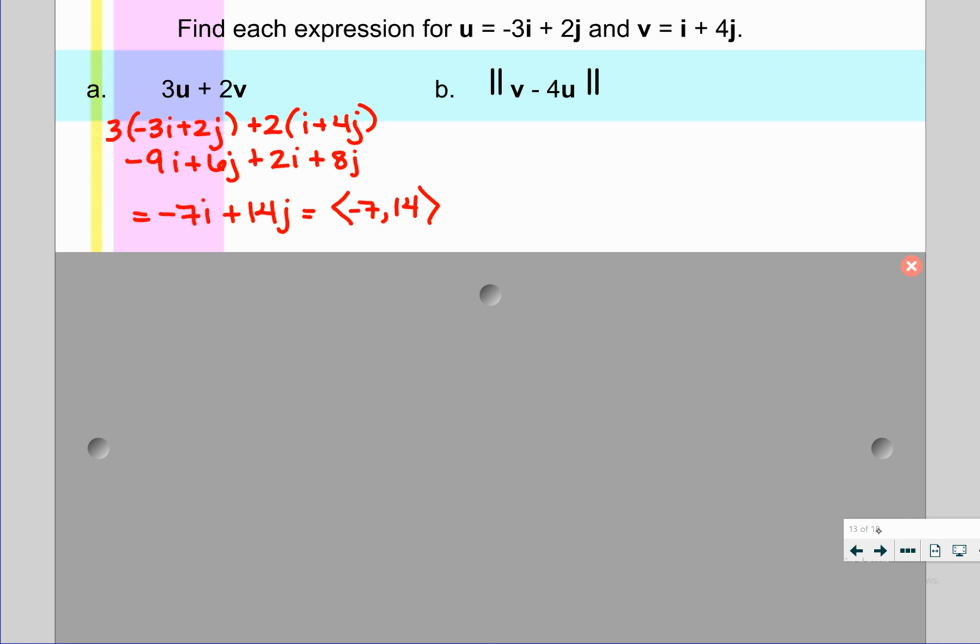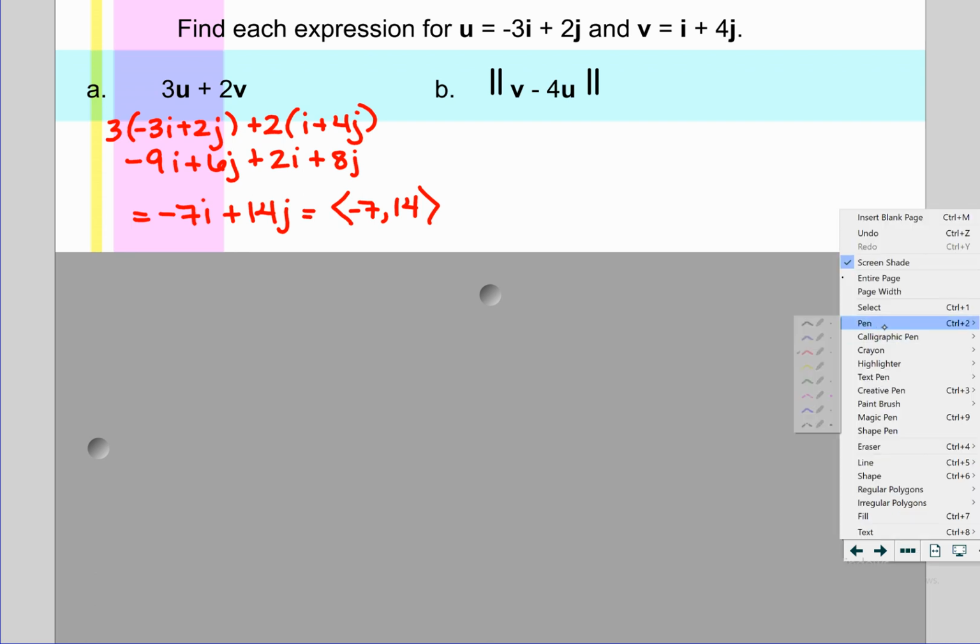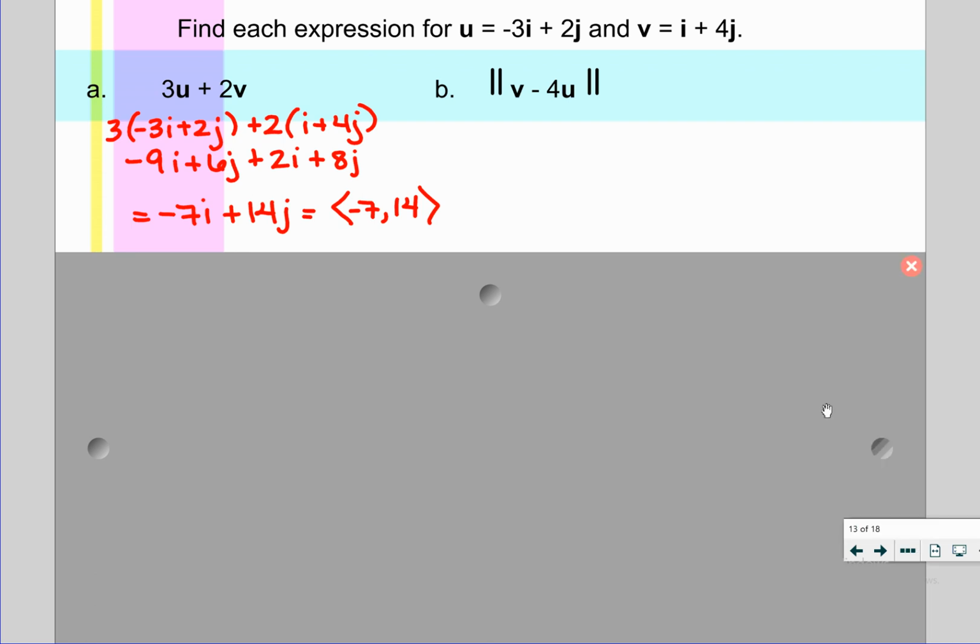Letter B there. If you see the magnitude bars, I would pretty much just ignore them to start. It's always going to be your last step. Okay, so we're going to calculate v minus 4u, and then at the very end, whatever that vector is, we're going to take the magnitude of it, find the length of it. Okay, so v minus 4u would look like i plus 4j, then minus 4 parentheses u.